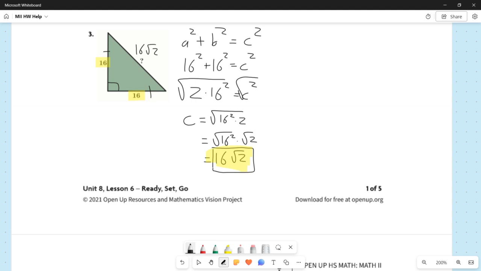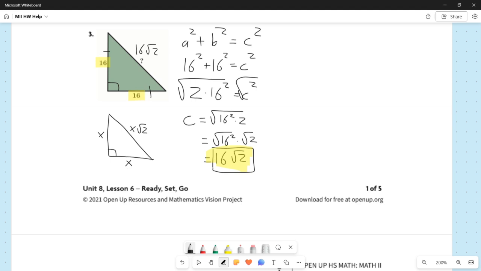And in an isosceles right triangle, which I'll draw here, and I'll say simply x and x, the hypotenuse is going to be x root 2 every single time. So if you didn't already know that, that's a very handy shortcut. So you don't have to use the Pythagorean theorem.